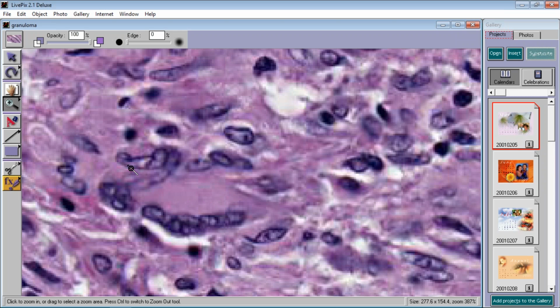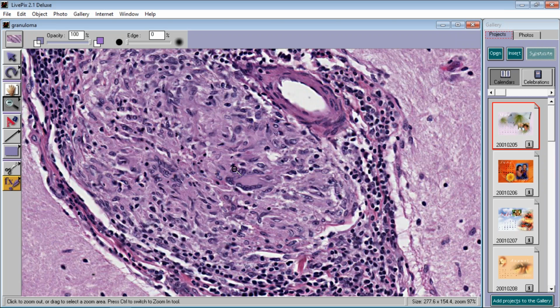So I know that somebody wants to tell me the name of this particular type of inflammation. It's not acute. It's sort of chronic, but you have mostly macrophages forming localized clusters with giant cells. Yeah, that's a granuloma. That's granulomatous inflammation in the cerebellum.